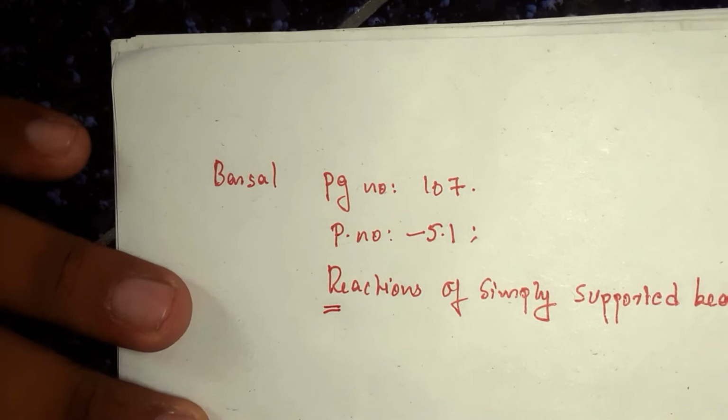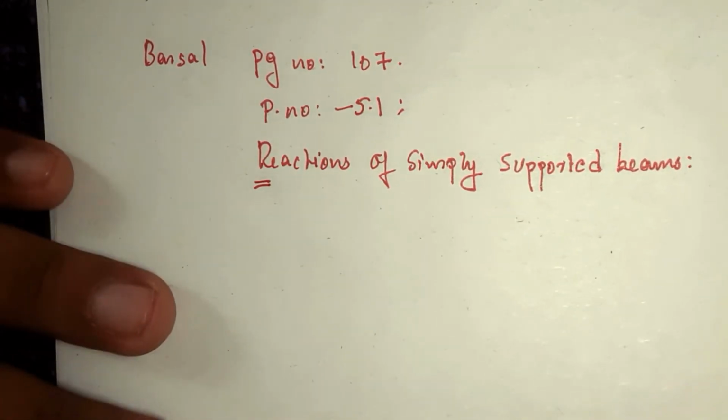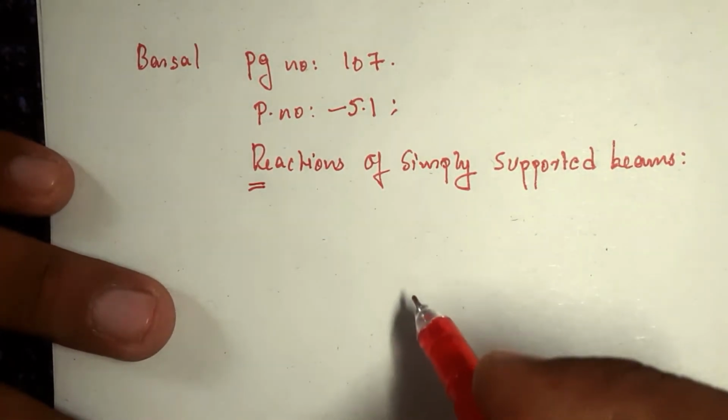Now, the problem given here is a simply supported beam AB of span 6 meter. So let us draw that figure.